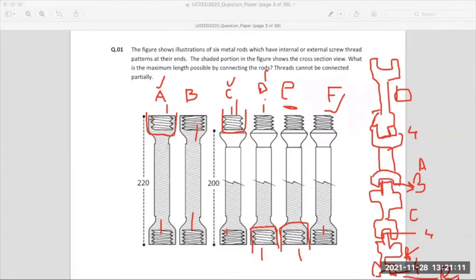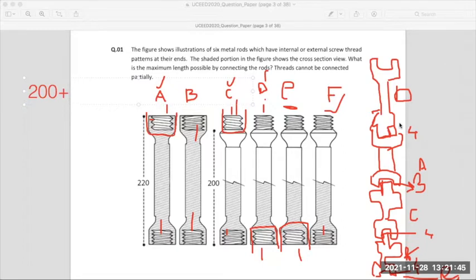Okay. So if I do that, let's check what length gets achieved. D we have used first. What is the length of D? Can anybody tell me? 20? I mean 200, right? Is the length of D 200? Everybody agrees? This is the length used on top till the groove part.